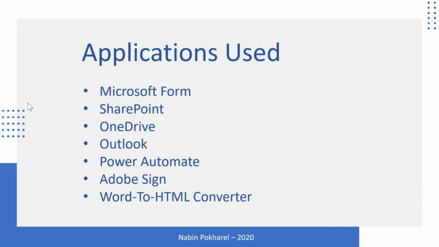Mostly from Microsoft Forms to Power Automate, those come with a bundle of Office 365. For Adobe Sign, we need to get an Adobe Sign license separately. And O2 HTML converter is a website. I will go into the details of these applications' roles in the overall solution.